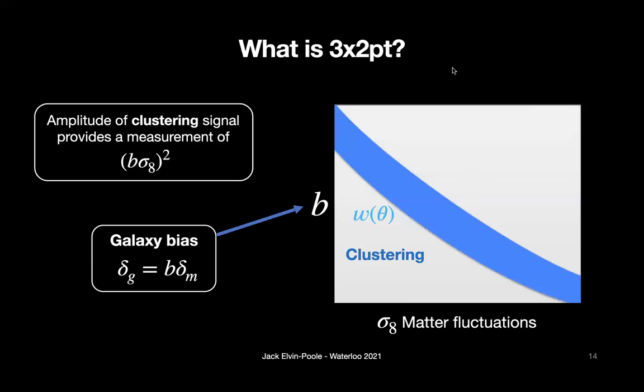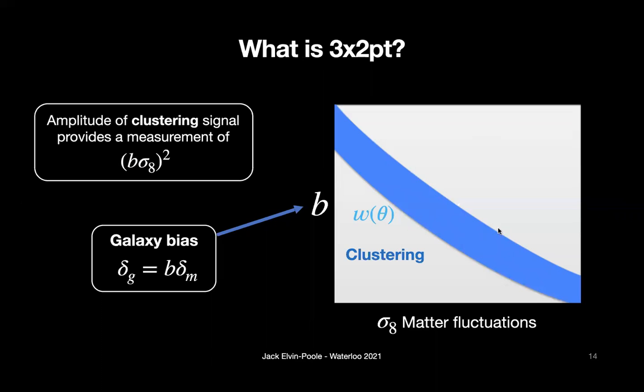And so just a quick overview of why 3 times 2 works. For galaxy clustering, an angular galaxy clustering signal, this is just using imaging data. So we basically have the clustering tangential to the line of sight, and we can do that in slices of redshift, but we don't have the redshift resolution to measure along the redshift direction.